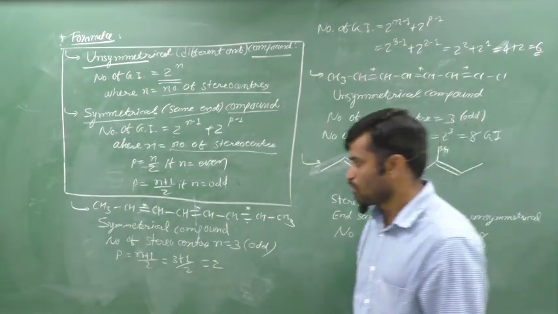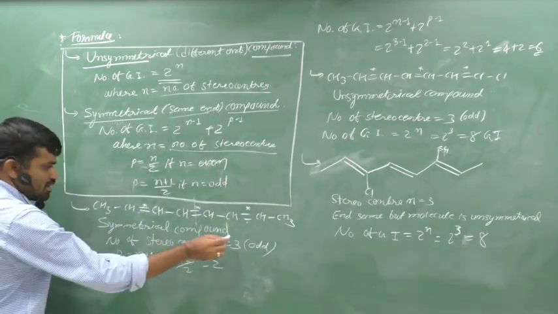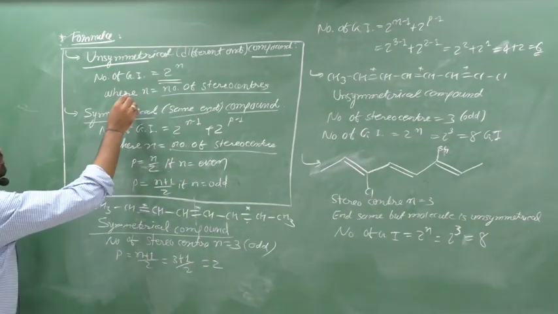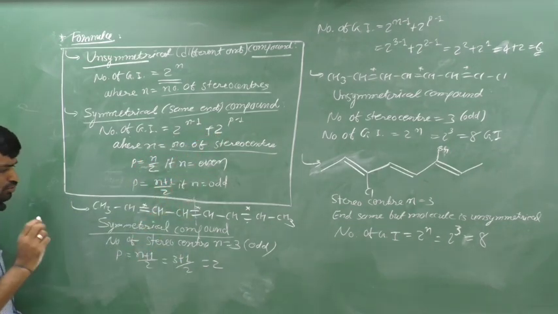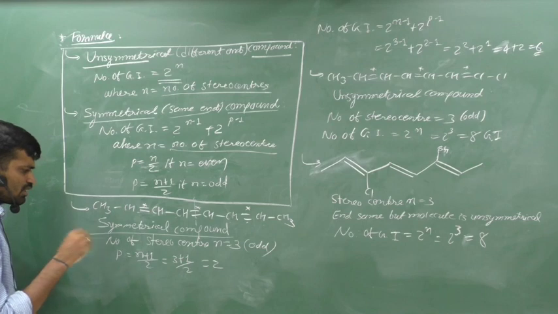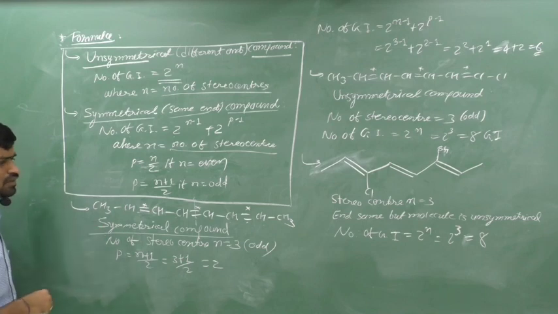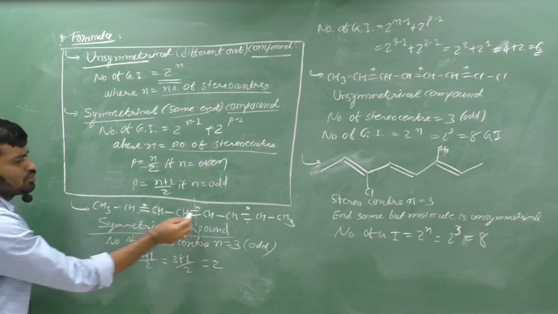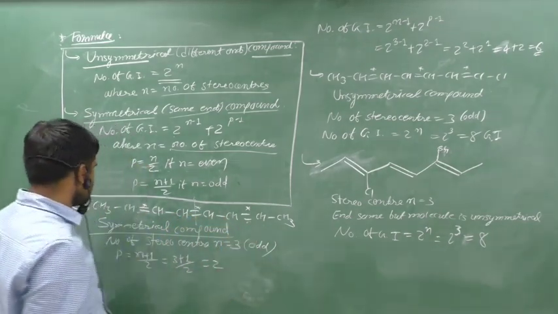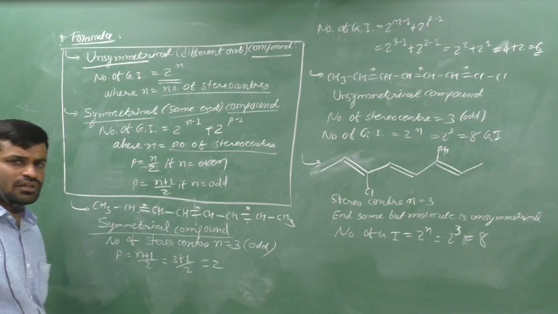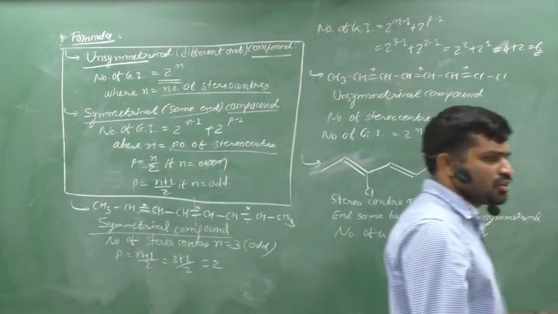Therefore we can say that the compound is symmetrical. Therefore you can use the formula 2 raised to n minus 1 plus 2 raised to p minus 1 to get the GI. The number of stereocenters which we can count: first, the number of stereocenters is 1, 2 and 3, because of restricted rotation and the groups are different.